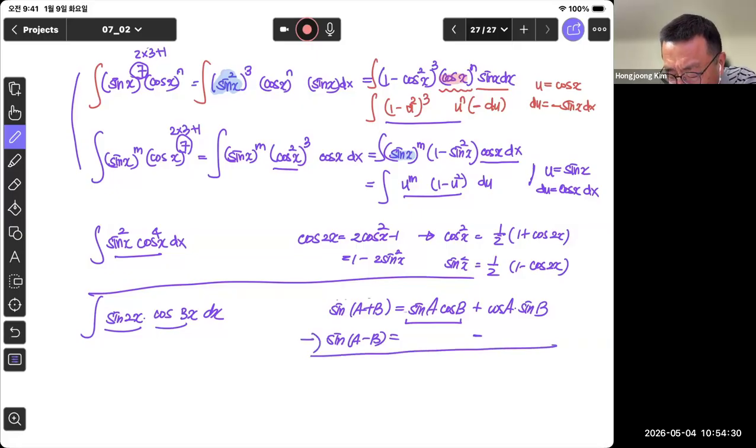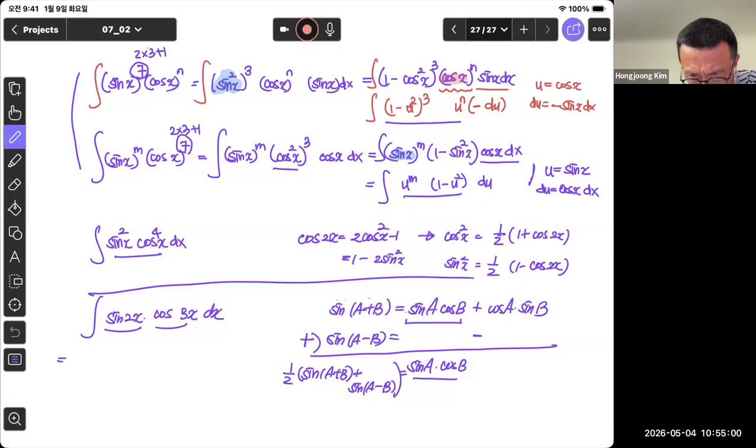So if I add them, sine A cosine B will be the average of sine A plus B and sine A minus B.